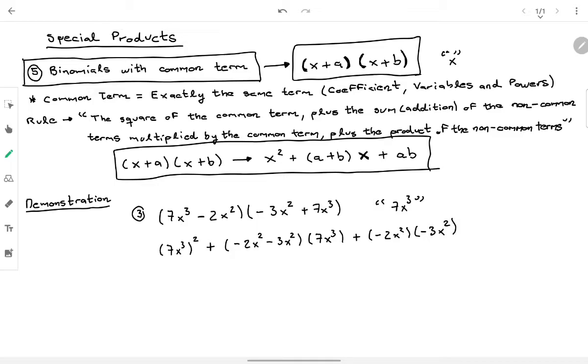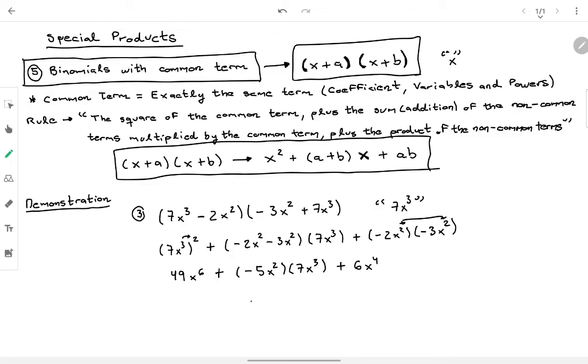So in this case, it's going to be something like 49x to the 6, because remember, with a power of a power, we multiply the exponents. Then it's going to be plus minus 5x squared multiplied by 7x to the third. Then minus multiplied by minus is plus, so it's going to be 6x to the fourth, because remember, when multiplying powers, the exponents get added.